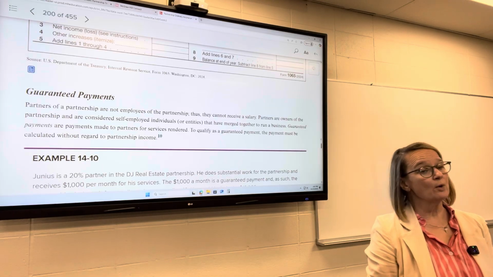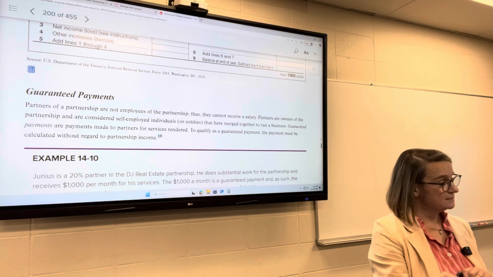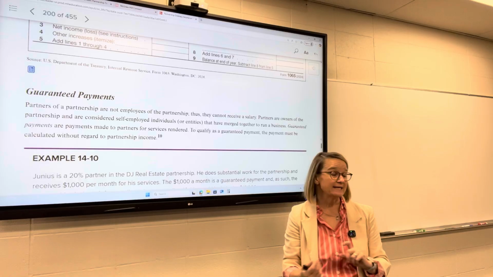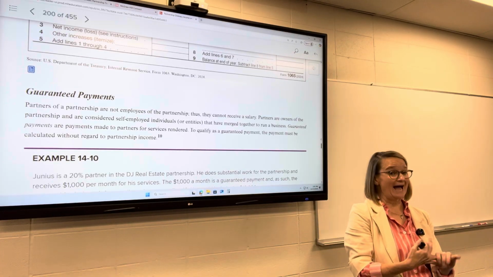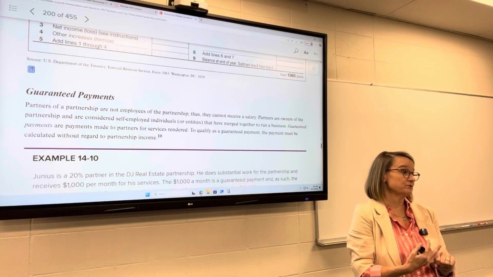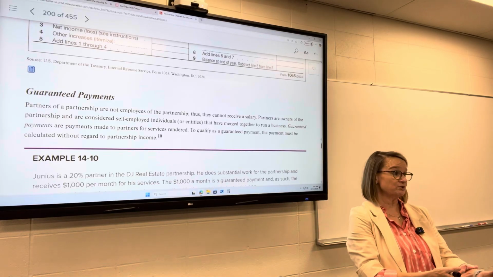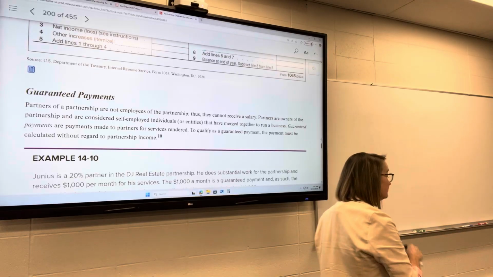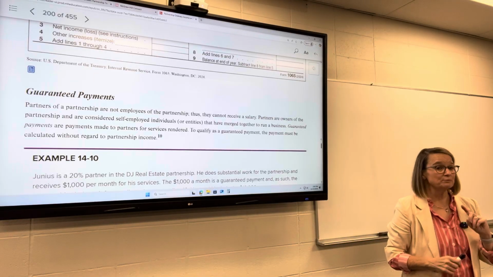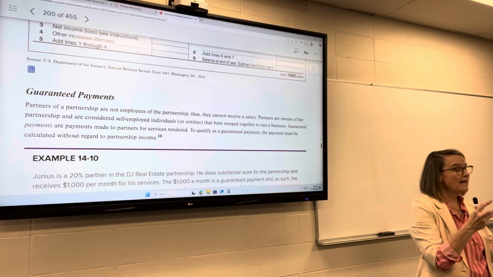As a partner though, if the partnership makes guaranteed payments, it cannot be based on a percentage of the partnership. It has to be guaranteed. You provide the services, you get the payment, just like any other wage would be. But the guaranteed payments are deductible to the partnership. So now you get to deduct.